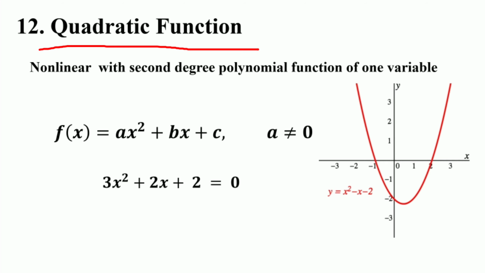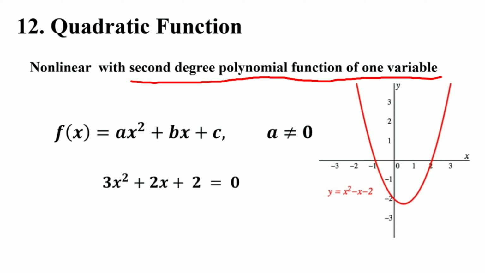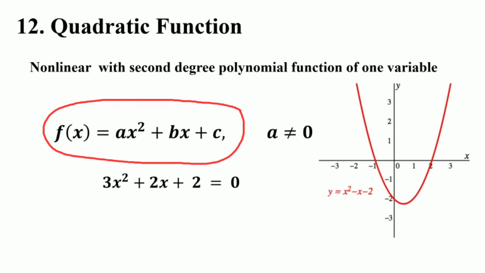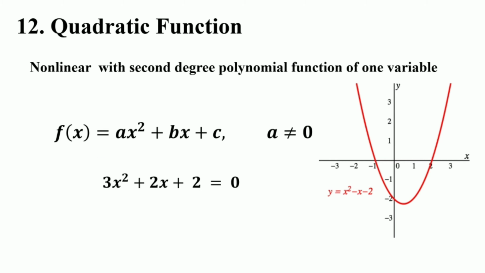Now we have the quadratic function. It is a second degree polynomial function of one variable and has an equation which is generally in the form of f of x is equal to ax square plus bx plus c, where a is not equal to 0. For example, 3x square plus 2x plus 2 is equal to 0.